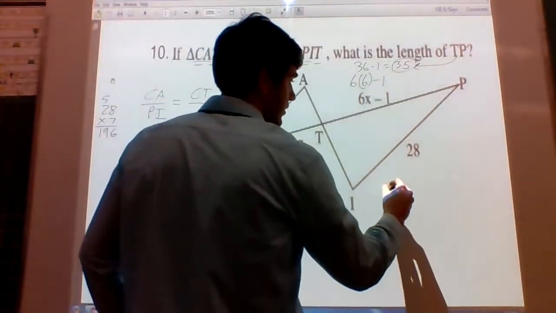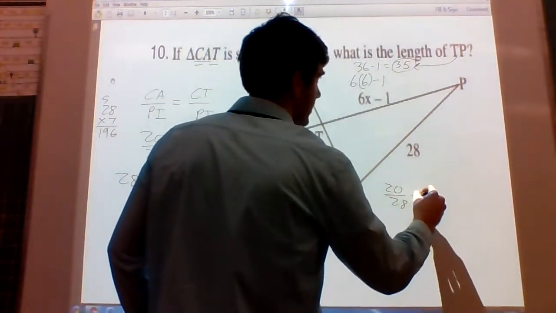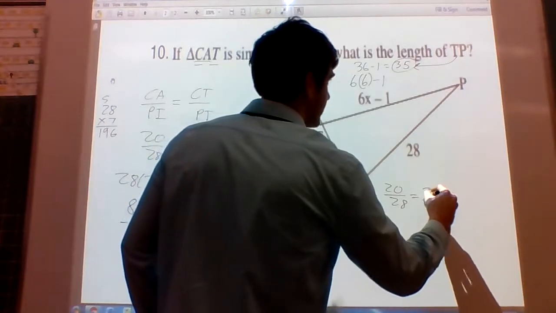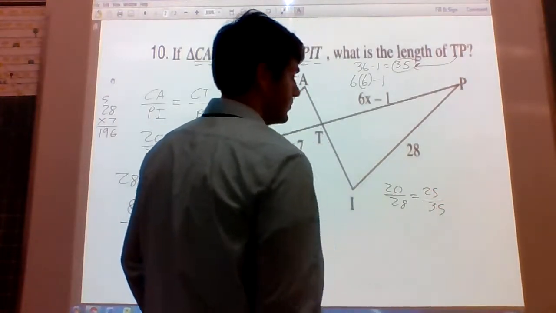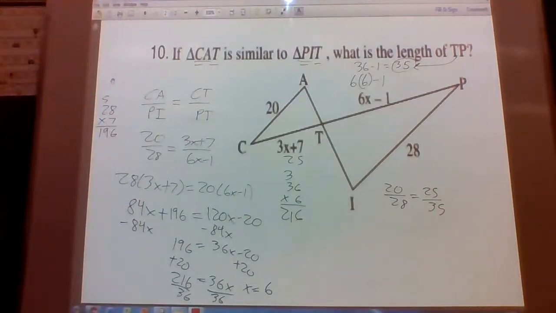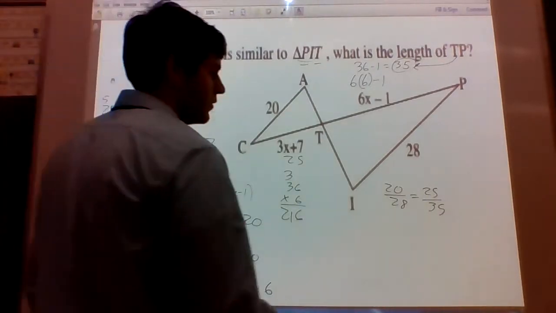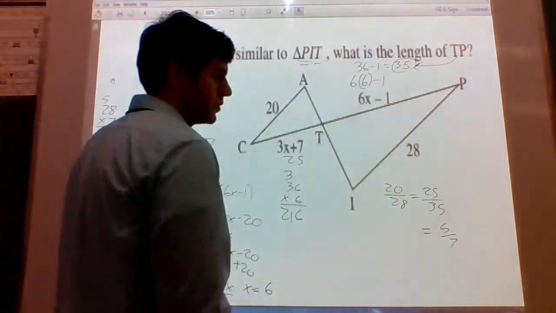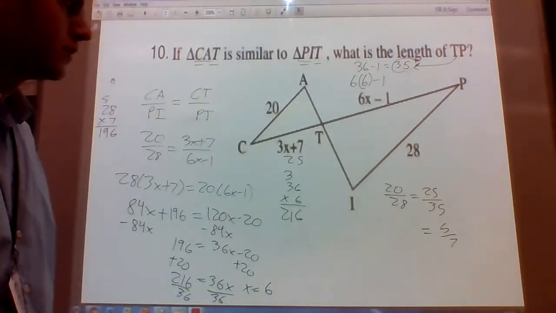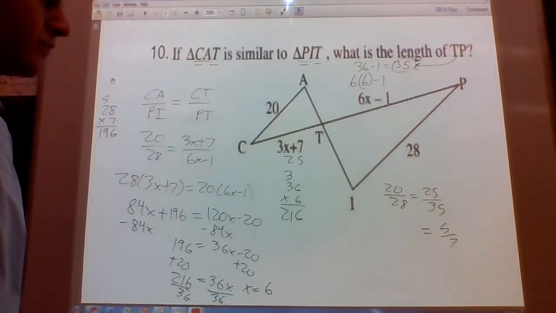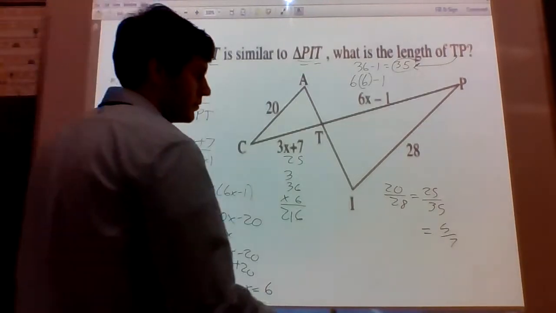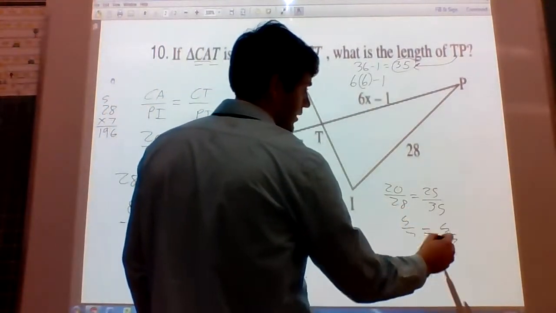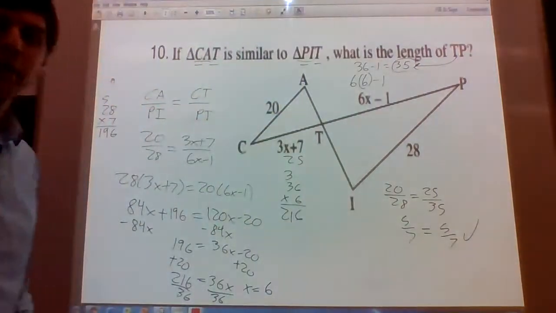So 20 is to 28 as 25 is to 35. That's going to get down to 5 over 7. And if we reduce the other one by 4, we get 5 over 7. So we know we have the right answer.